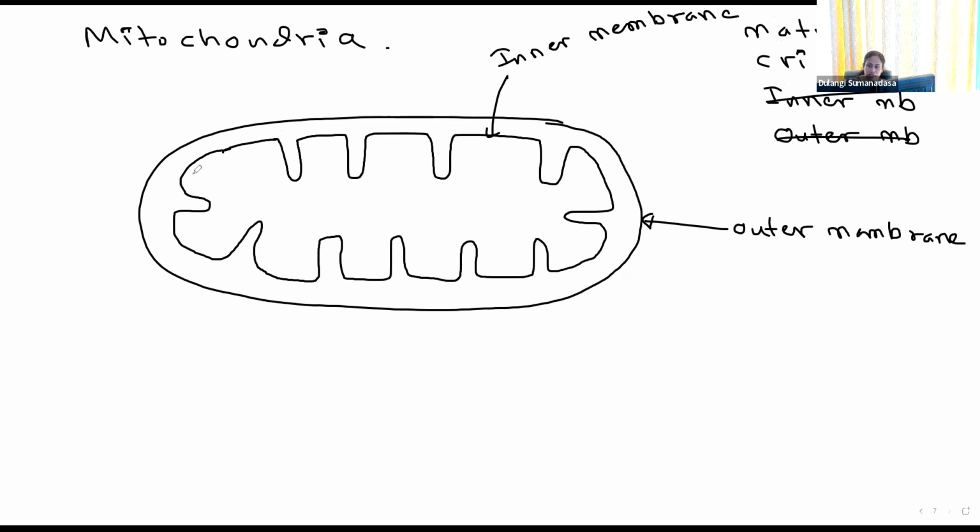And the cytosol-like liquid is the matrix. And the foldings, these highlighted parts, are the cristae.